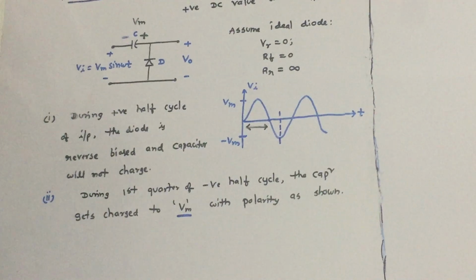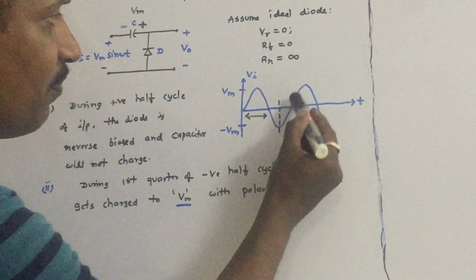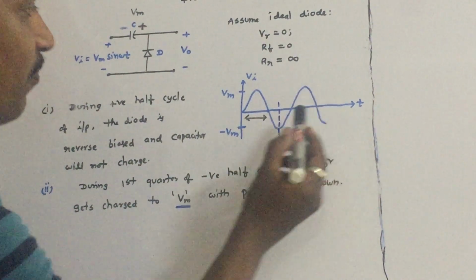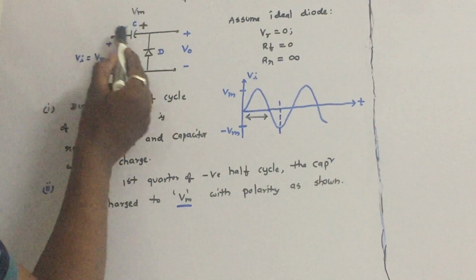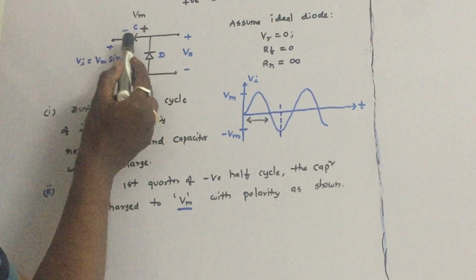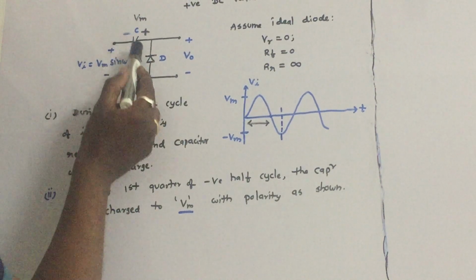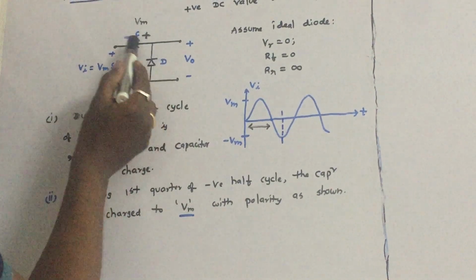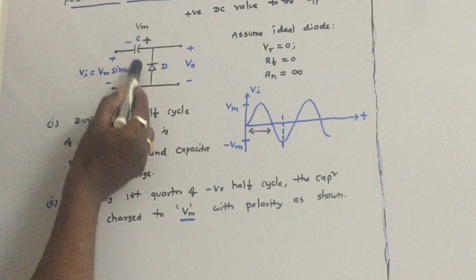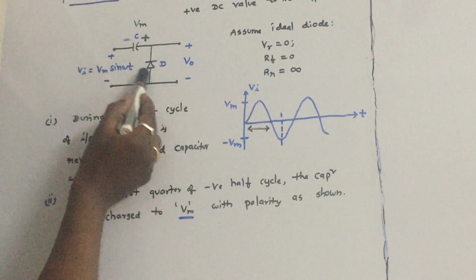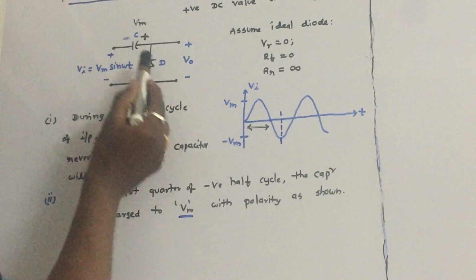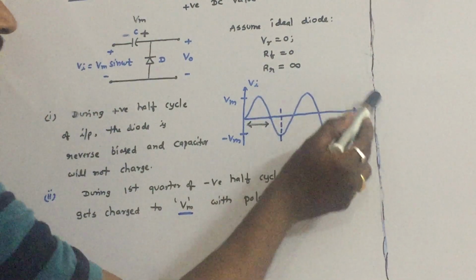Now during the next subsequent cycles, the capacitor voltage remains fixed at Vm, because there is no path for the capacitor to discharge. This is because the diode is in reverse bias condition during subsequent cycles.